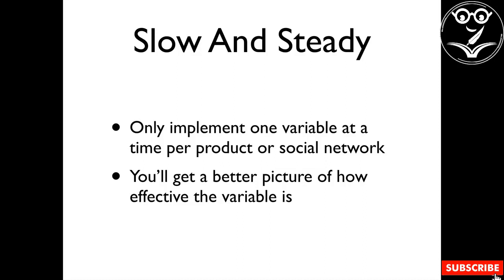So it comes out as a net gain of no change. But you don't know that one variable is actually doubling your sales and the other one is halving them. So by doing it one at a time, you will be able to identify the one variable that cuts your sales in half and the other variable that doubles your sales, so you can only get the best results from the variables that work.